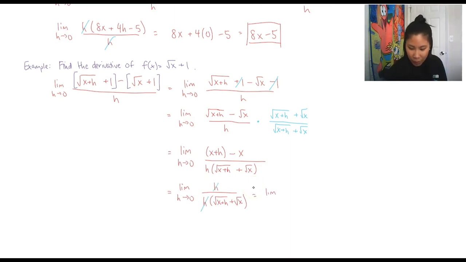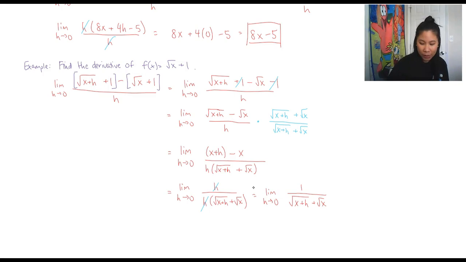So now I'm left with a 1 on top, and then the square root of x plus h plus the square root of x. Remember, our goal is just to make it so that we don't end up with 0 on the bottom when I plug in 0 for h.